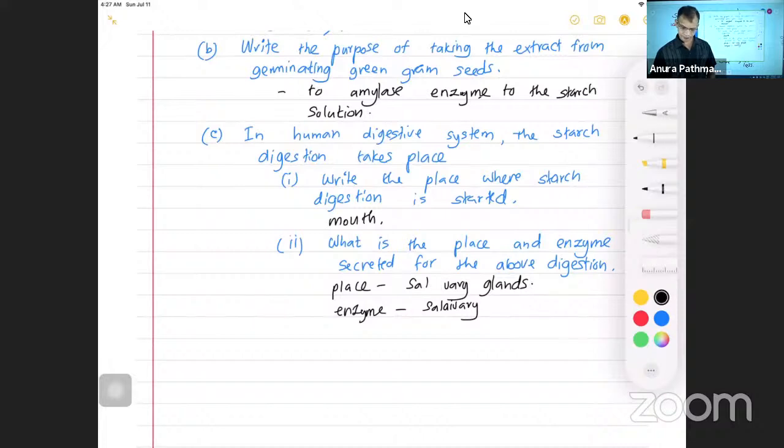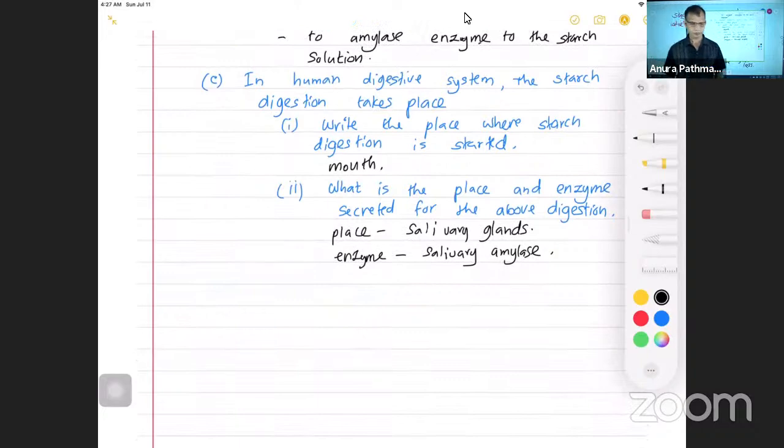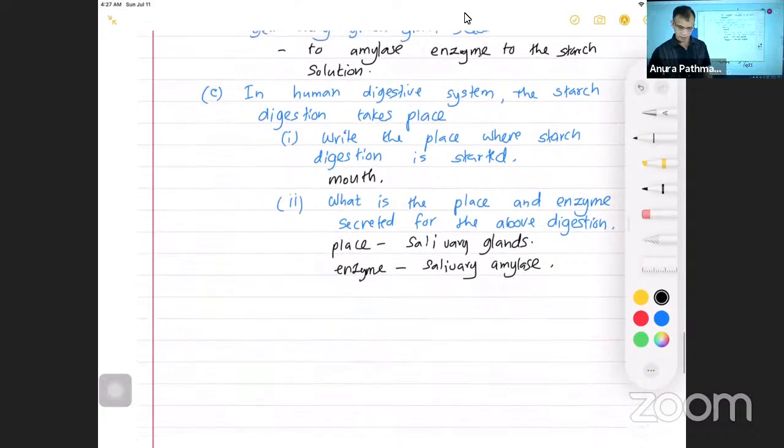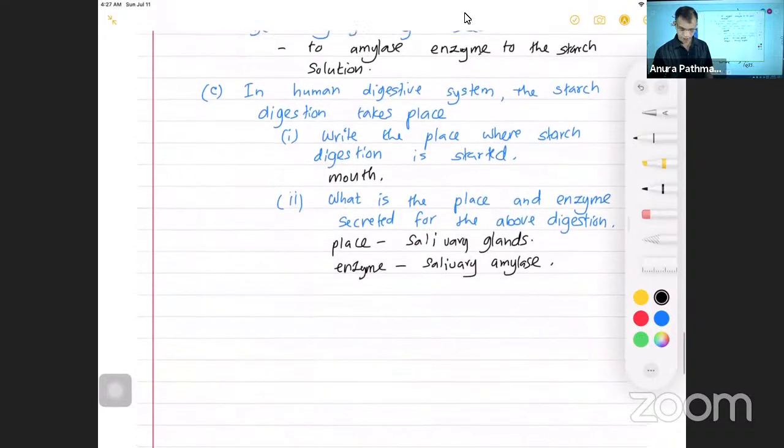Salivary amylase. Okay. What's the place and enzyme secreted for the above digestion?